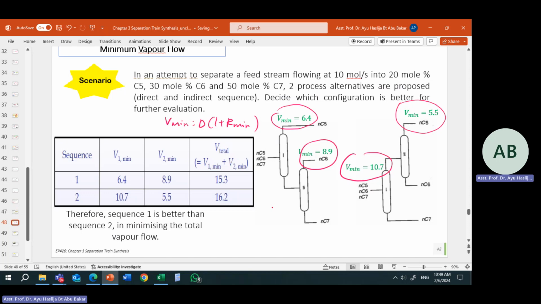This is sequence 1 and this is sequence 2, so you get the total minimum vapor load for each sequence. Compare which one is the minimum. Here the minimum is sequence 1, so we can conclude sequence 1 is the best sequence due to the low vapor load.